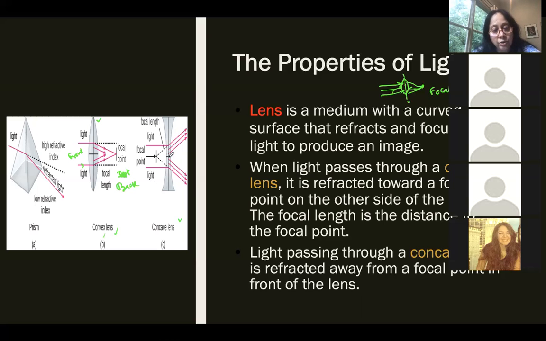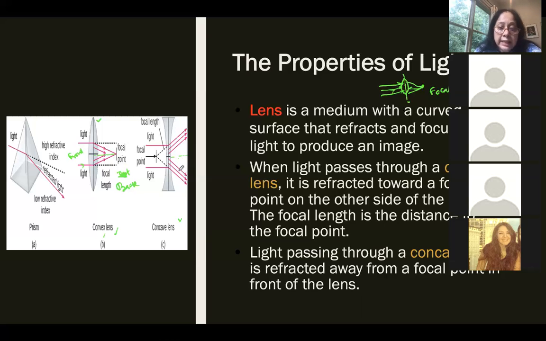from the median. If this is our median, then in the concave lens, light falls and moves towards the median, because the median goes like this, but on the back side of the lens the light moves away from the median.